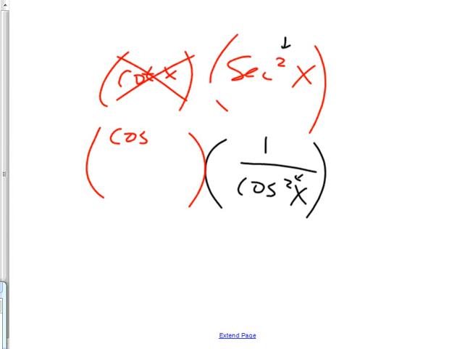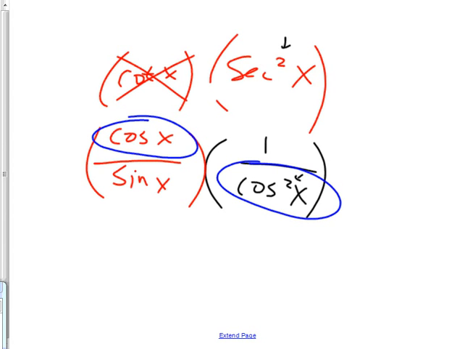Cosine over sine, yep. So now do you see what would happen? Look for these. Anytime you have something on the top and something on the bottom, you've got to look for those to cancel. Do you get that those would partially cancel? Because one of these cosines would cancel, and one of these 2 cosines would cancel, so it's not squared anymore. So the final answer on this one would be 1 over sine times cosine.